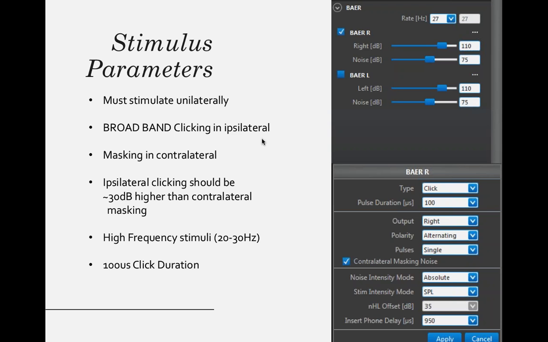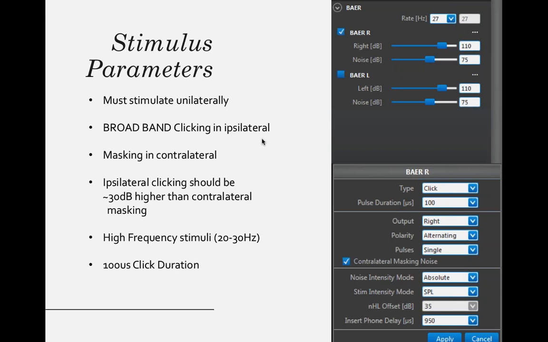And then there's also a phenomenon known as bone conduction of sound. So if you have your click stimulus up too high in the one ear that's receiving it, that sound could be transmitted across the bone of the head and enter into the contralateral ear, and that will contaminate the signal.